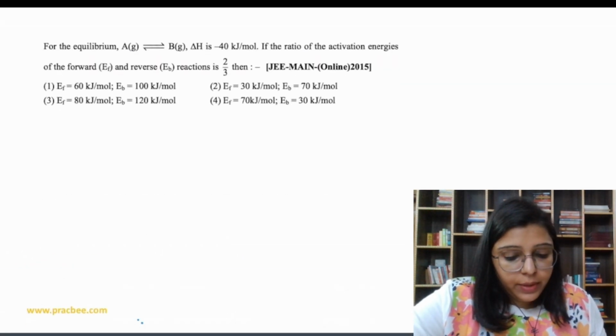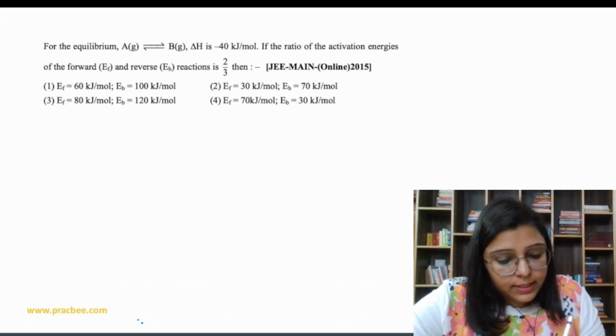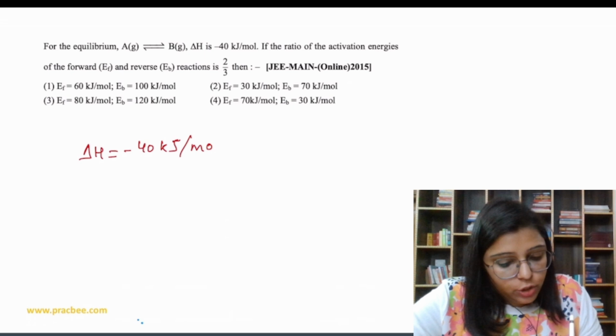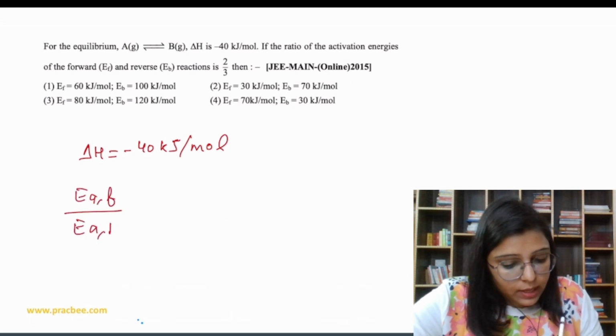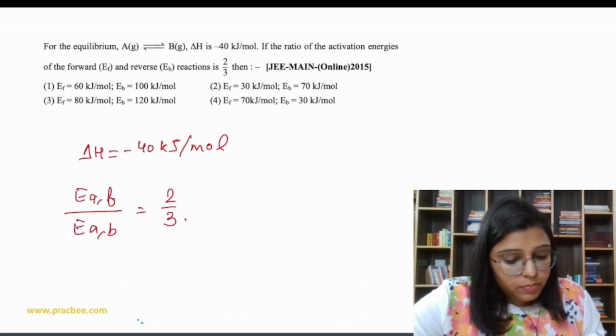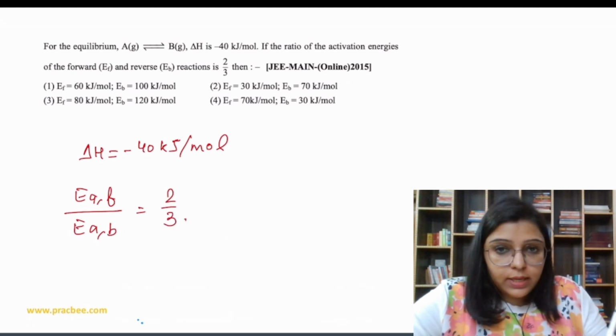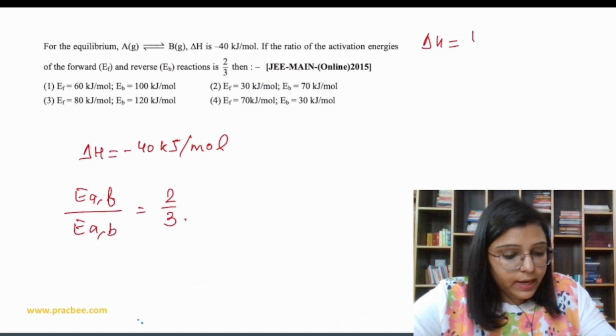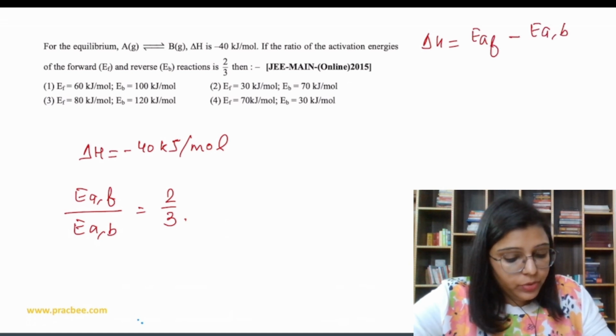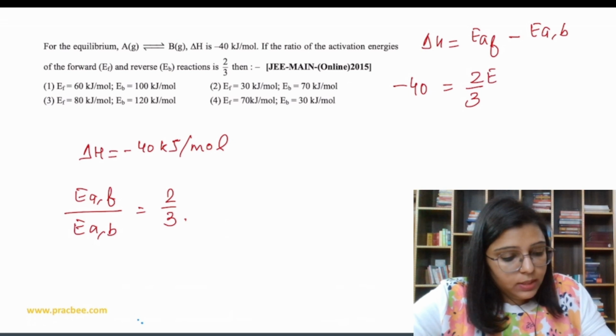For the equilibrium A gas gives B gas, delta H is minus 40 kilojoule per mole, and the ratio of activation energy for forward and backward reaction is equal to 2 by 3. Perfect. So what is delta H? Delta H is the activation energy of the forward reaction minus the activation energy of the backward reaction, so this is minus 40. The activation energy of the forward reaction I can write as 2 by 3 of the activation energy of the backward reaction, minus EAB.